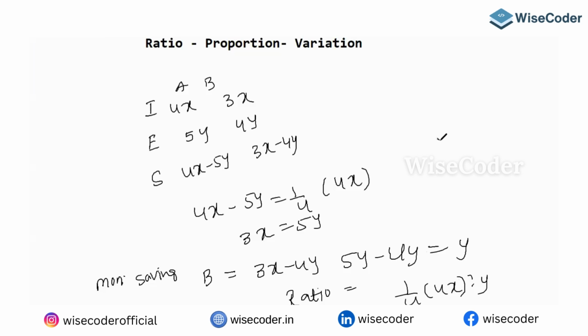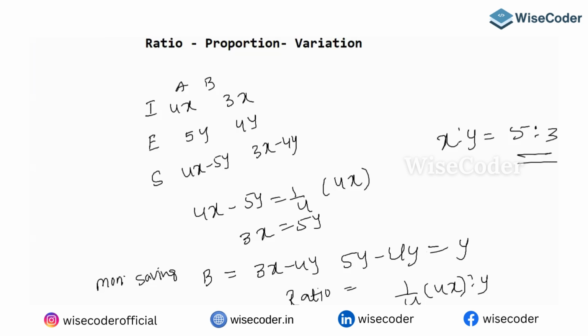If you calculate this, you will get x is to y is equal to 5 is to 3.